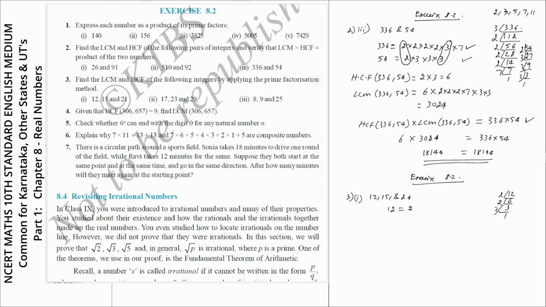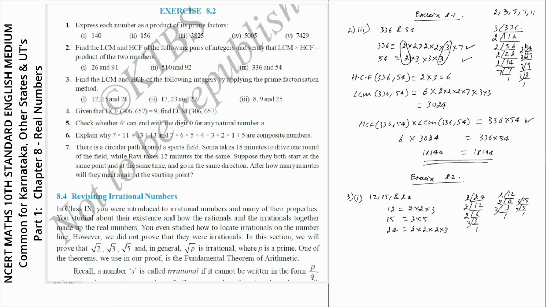So I can write 2 into 2 into 3, then 15. 3 5s are 15, 5 1s are 5. So 3 into 5, and 24. 2 12s are 24, 2 6s are 12, 2 3s are 6, 3 1s are 3. So this is equal to 2 into 2 into 2 into 3.